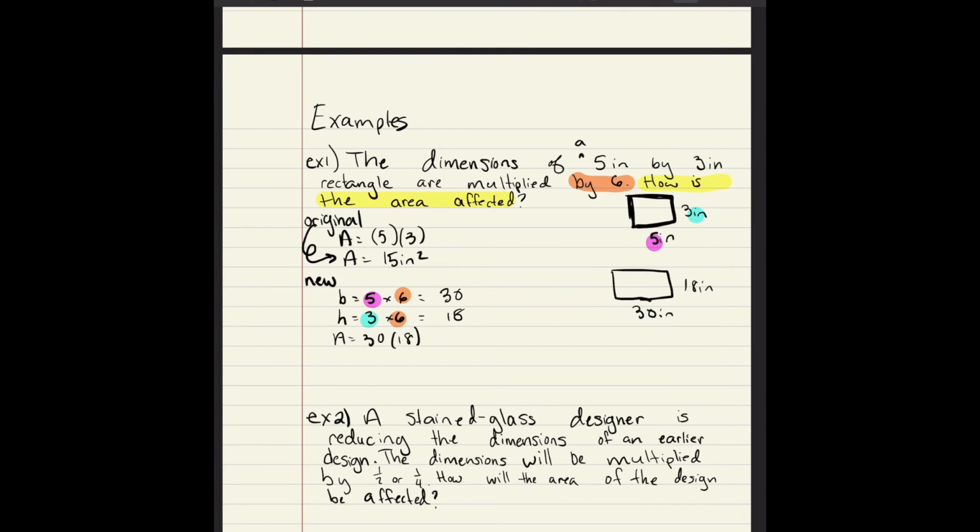So when I find the area for that, it would be A equals 30 times 18. Let's do that over here. So I get 540 inches squared as my new area. So now I need to take my original area and my new area and divide them. So I'm going to take my new area, which is 540, and divide it by 15.